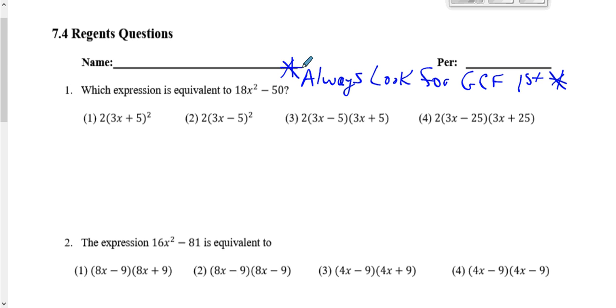18x squared minus 50. It looks like they want us to factor it. So what should we look for first? GCF. What would be the greatest common factor between those two terms?